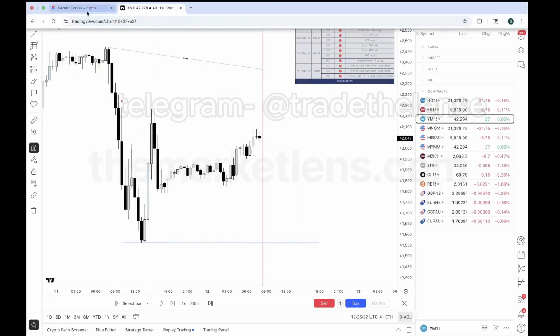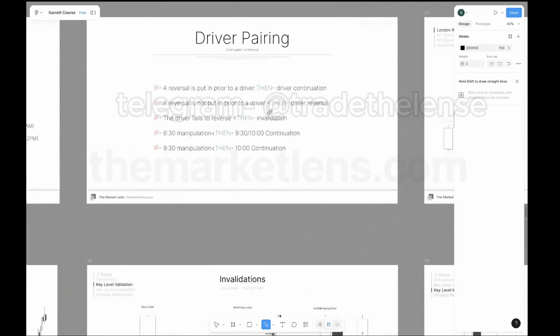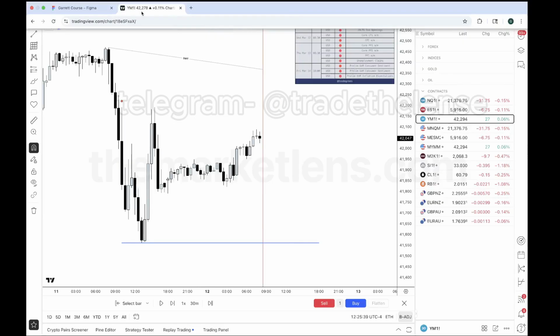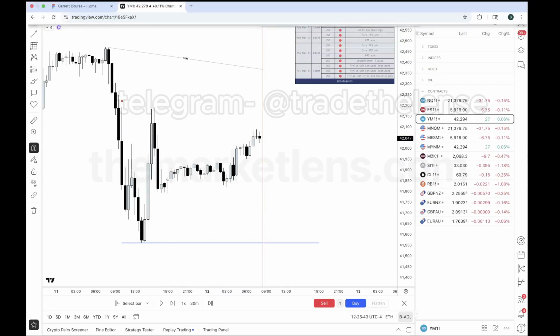No. Right. So if I go to my little driver thing, you guys see how important drivers are and how they literally play into everything. If a reversal is not put in prior to a driver, right? So if we go over here, we don't have a reversal, right? We're just consolidating between this high and this low.